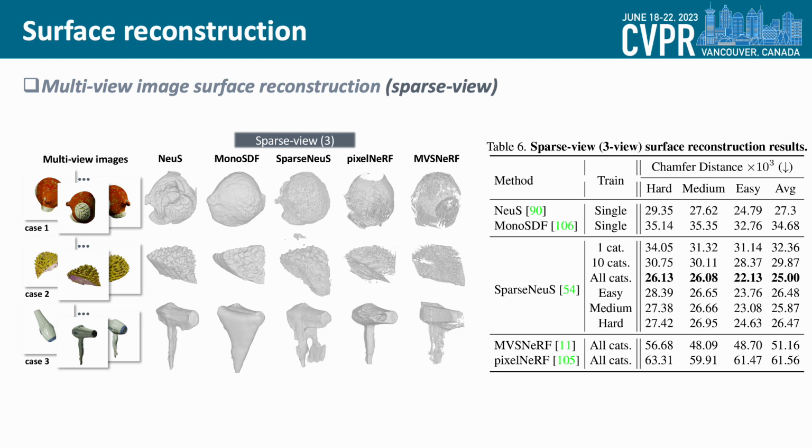We also evaluated the geometry of generalizable novel view synthesis methods such as PixelNeRF and MVSNeRF, which were found to be quite inaccurate. In summary, the problem of sparse view surface reconstruction has yet to be fully resolved, and our dataset provides a promising database for future research in this area.